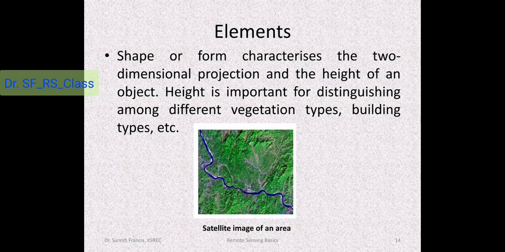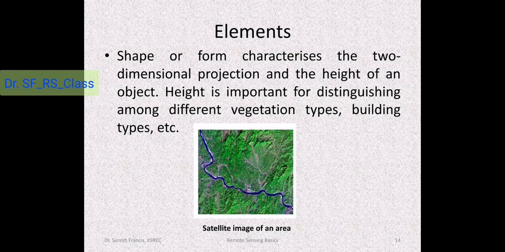Pine trees, which are coniferous in character, will have a conical canopy compared to the deciduous trees, which have a round canopy. So such shape and height characteristics help identify different types of trees based on their heights. Different stages of growth can be identified based on the heights, and different types of buildings can be classified based on the height. All these things can be interpreted.